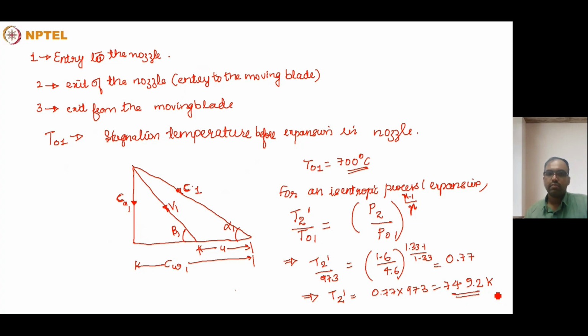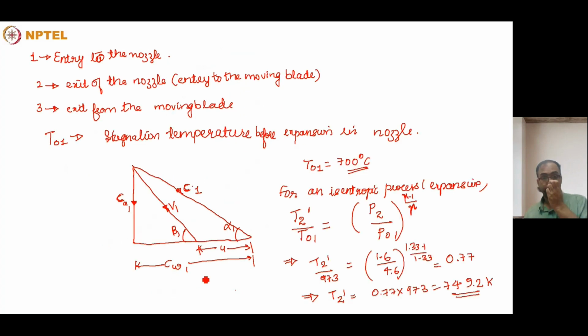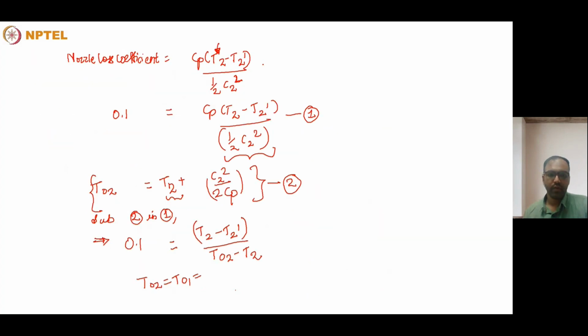Since this is a nozzle and there is no work production in the nozzle, we can write the stagnation temperature at the exit of the nozzle equal to the stagnation temperature at the inlet of the nozzle. So T02 equal to T01 equal to 973.